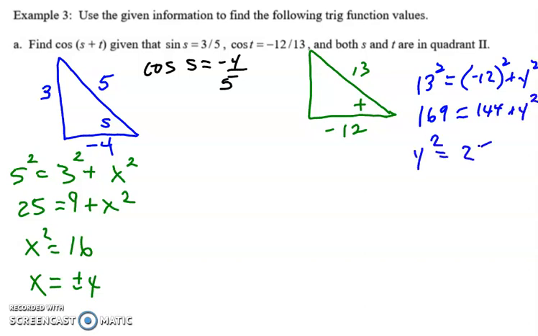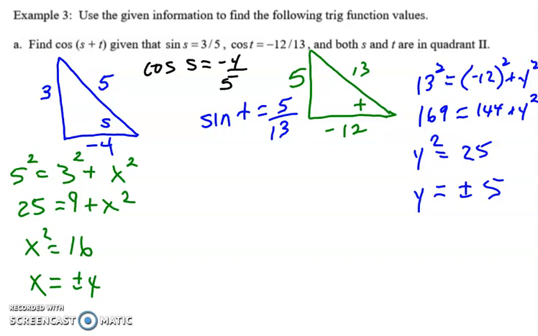Y squared is 25. So y is plus or minus 5. Knowing we have a positive y because it's in quadrant 2, that's going to make that positive 5. So the sine of t is going to be 5/13.